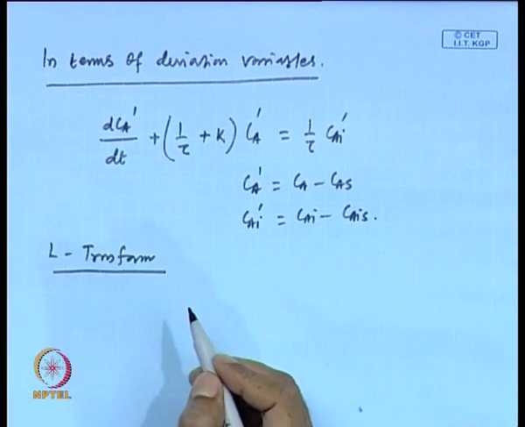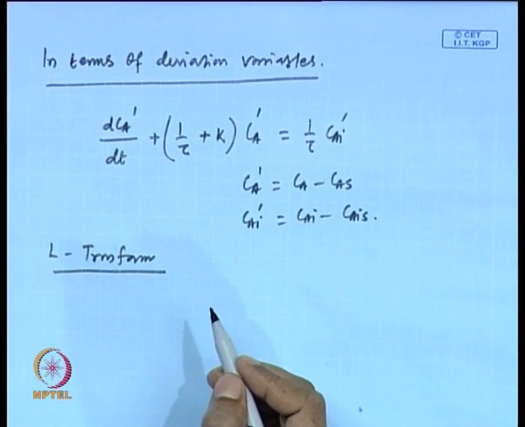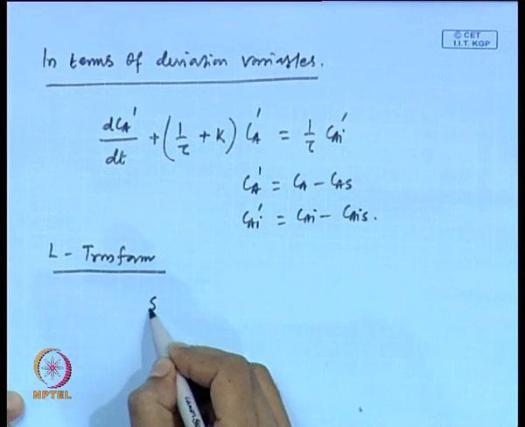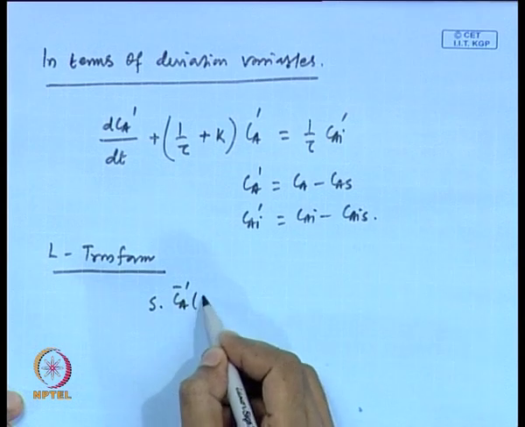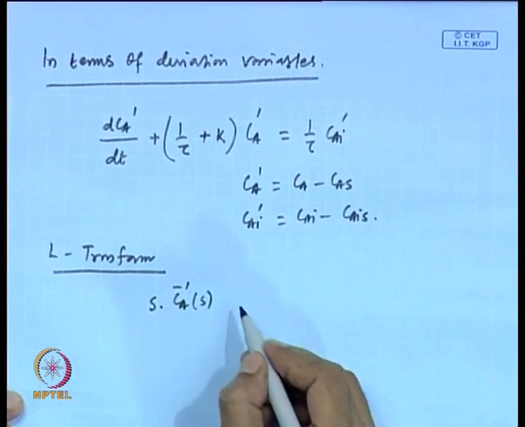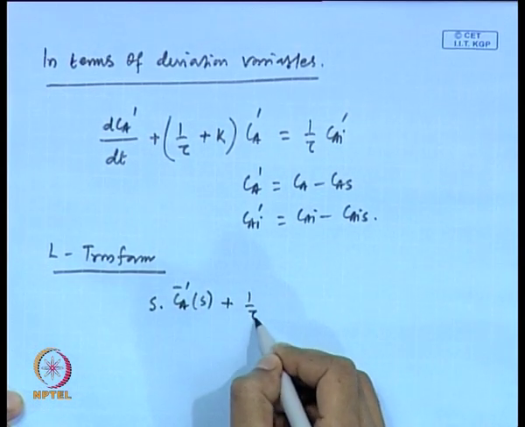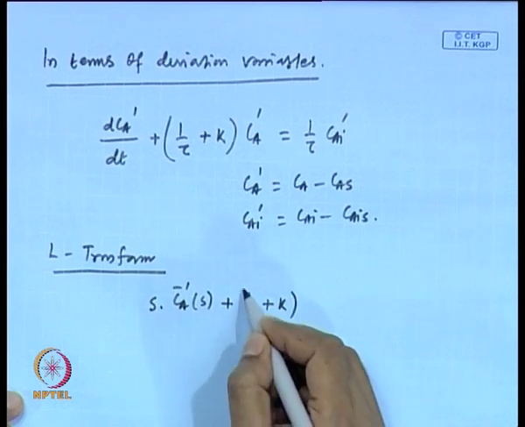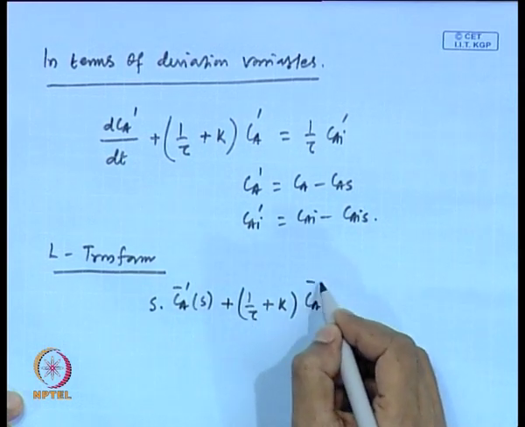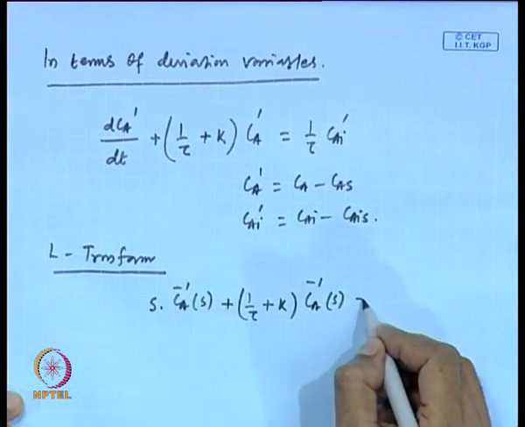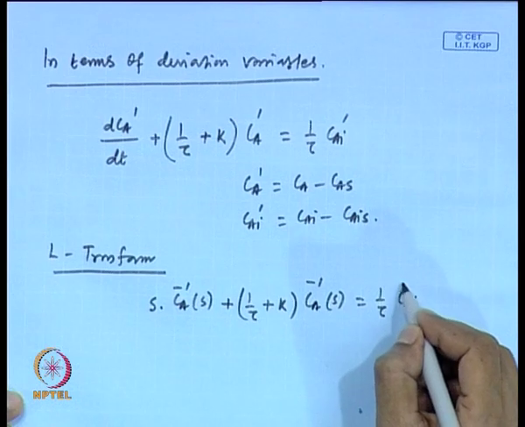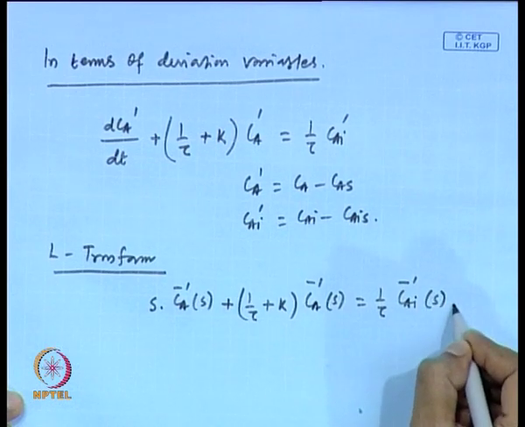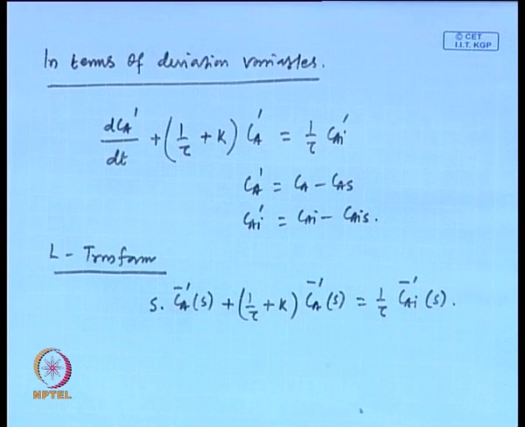If we take the Laplace transform of this equation, we get s CA bar prime(s) plus (1 by tau plus K) CA bar prime(s) equal to 1 by tau CAi bar prime(s). Fine.